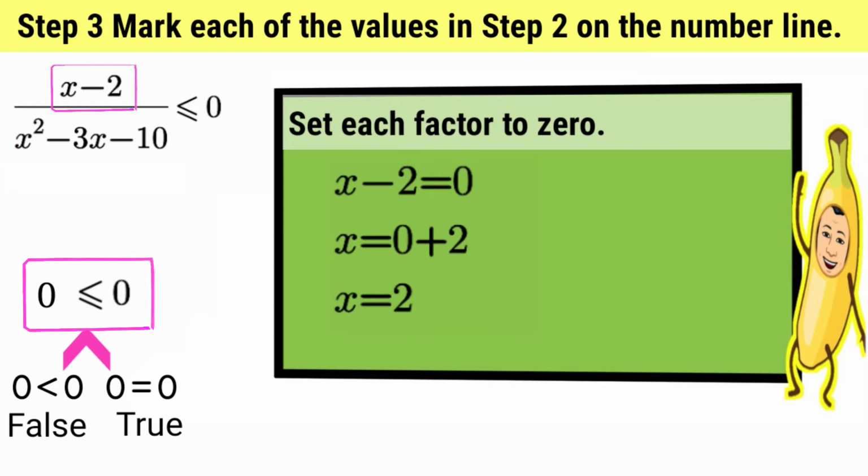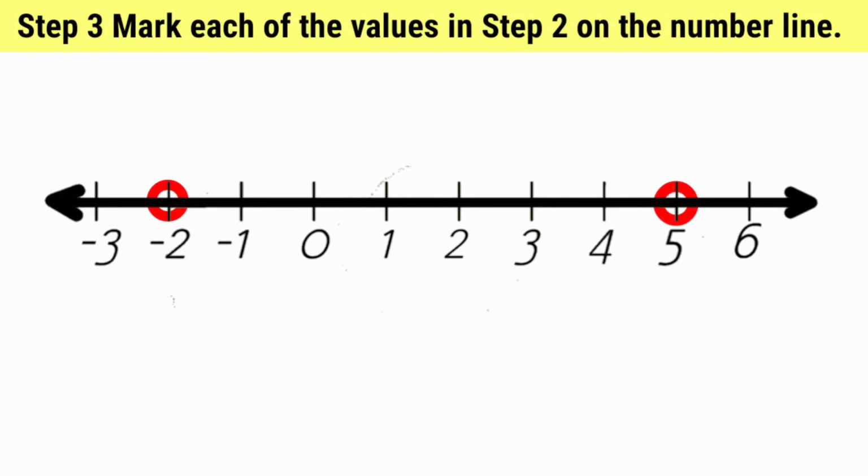Since one of the statements is true, that makes the whole statement true. Therefore, x is equal to positive 2 is included in the solution. Hence, let us mark this value on the number line using a shaded circle.